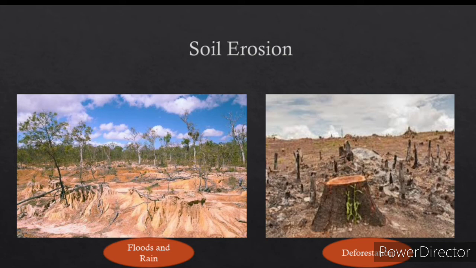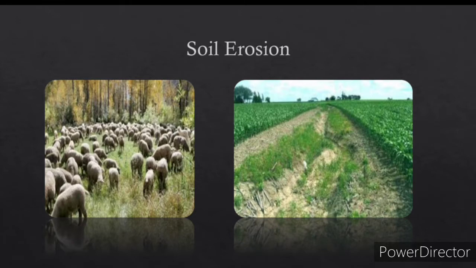The second one is deforestation. Felling of trees on a large scale is known as deforestation. The roots of trees hold soil, so if they are uprooted, the soil gets washed away with rain and wind. Another two factors are overgrazing and improper farming.